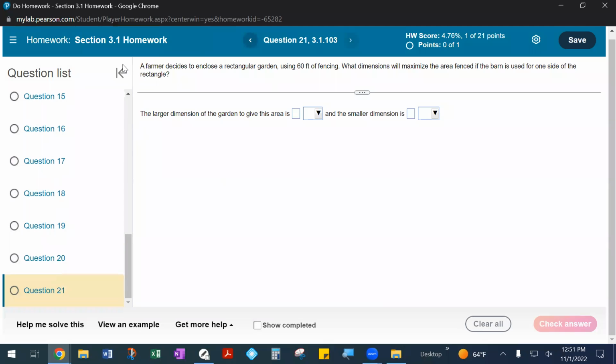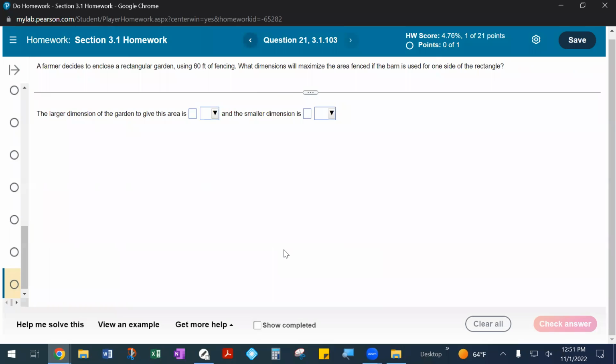Okay. So this was coming from using that idea of maximizing, minimizing your area. This is talking about a farmer who decides to enclose a rectangular garden using 60 feet of fencing. What dimensions will maximize the area if the barn is used on one side of the rectangle?